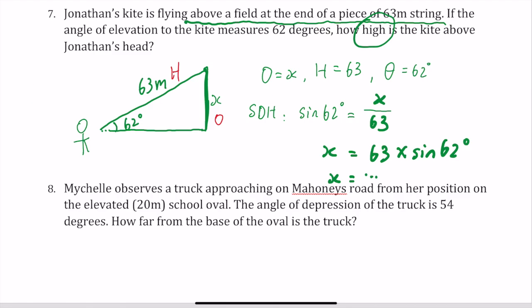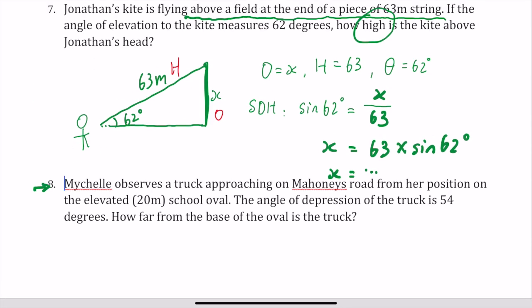Next one. We're going to draw the diagram first. The elevated 20 meters, which is like this. So you stand here. This is the height. The angle of depression is 54 degrees, and the height is 20.